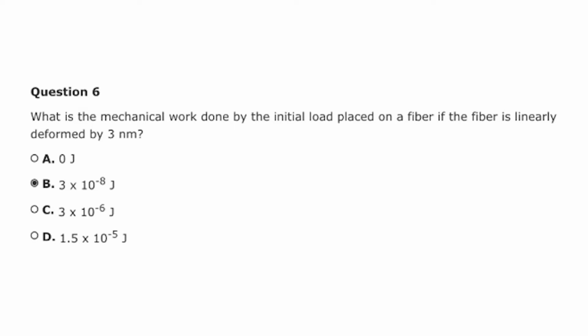So I would eliminate A because it's probably not 0 joules. Yep. And then if I were guessing, I would say, well, we have 3 nanometers and I have 10 newtons. So whatever the right answer is, it'll probably be 3 times 10 to the something. And I would eliminate D, and then I would guess between B and C.